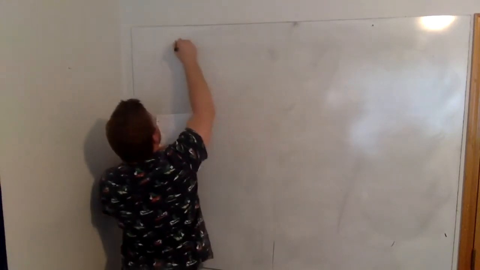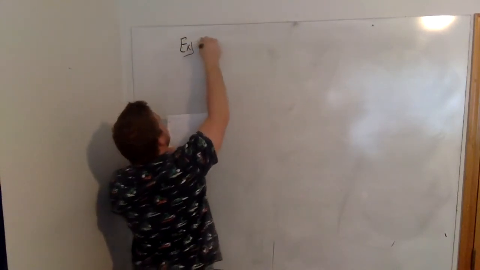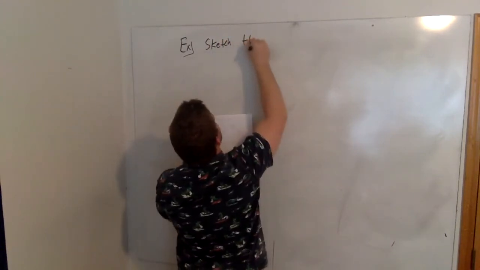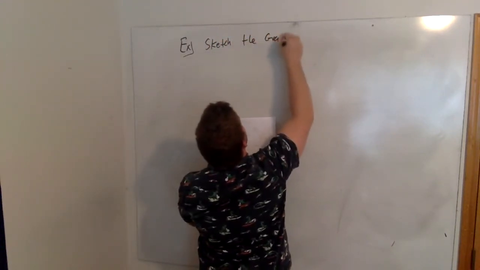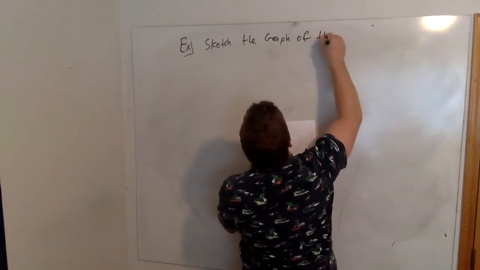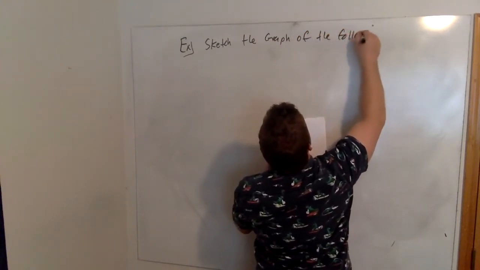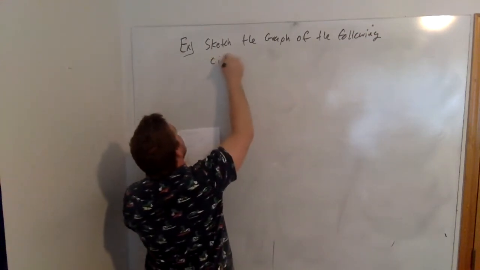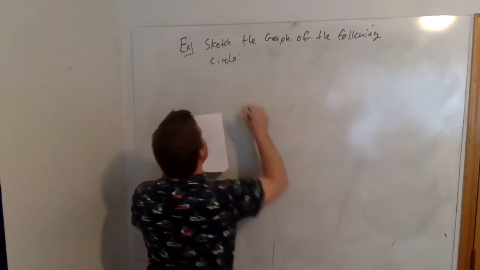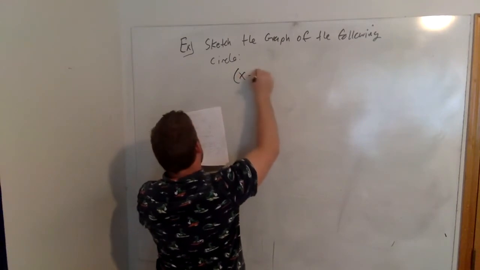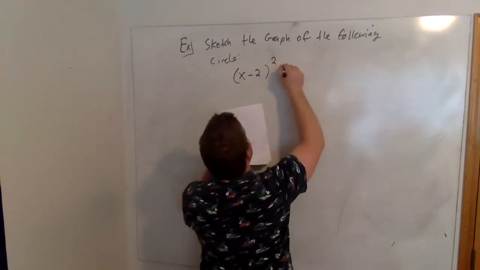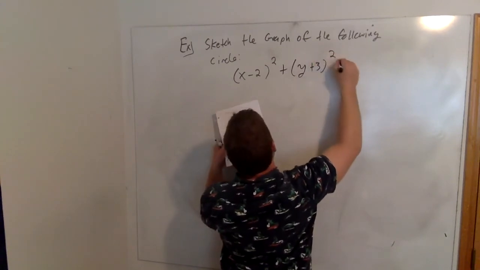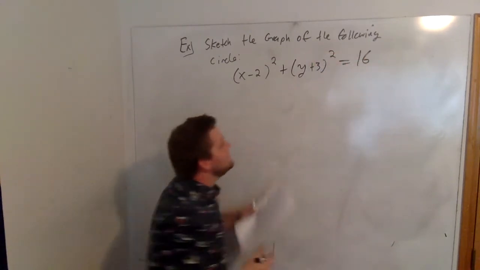Let's go ahead and sketch the graph of the following circle. Let's say we are given (x minus 2) squared plus, how about, (y plus 3) squared is equal to 16.